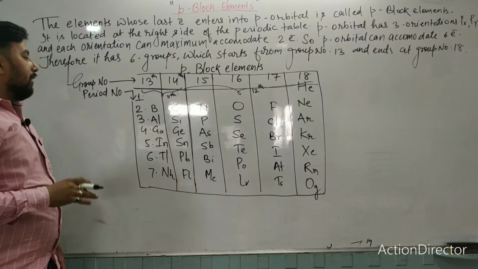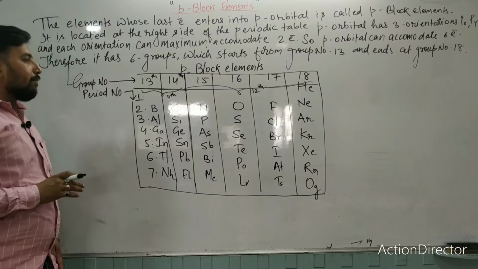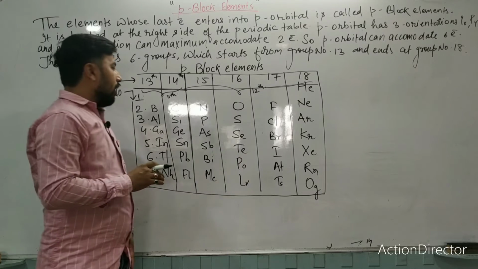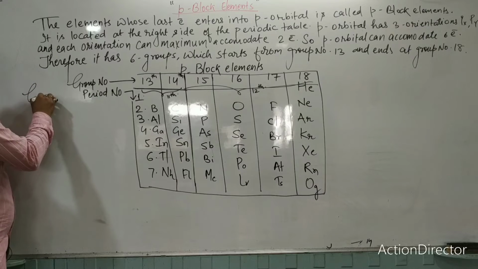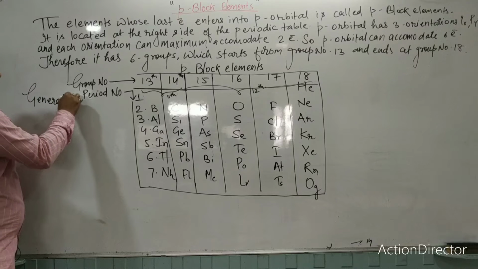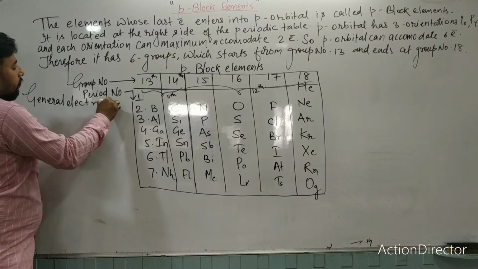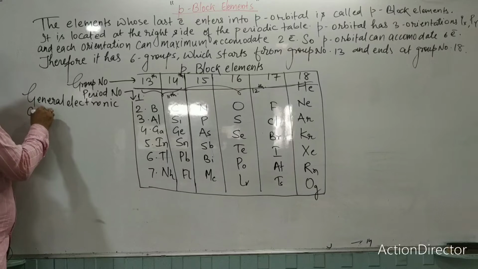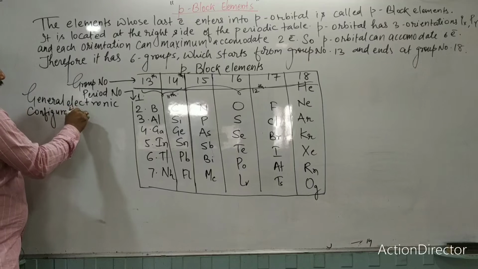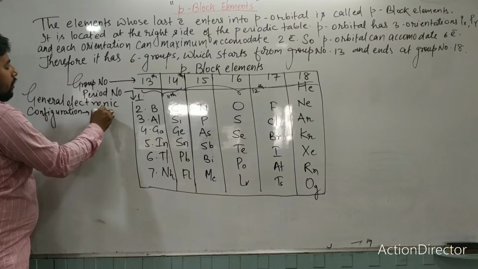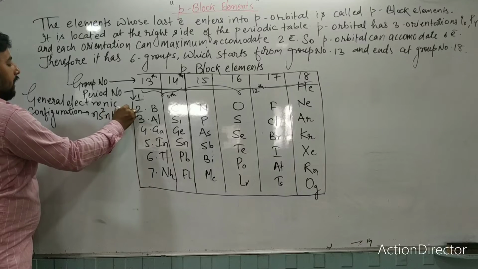Right? But let me tell you a little bit of the concept. The general electronic configuration of p block elements. This is the general electronic configuration of all the groups, not only one group: ns2 np1 to 6.